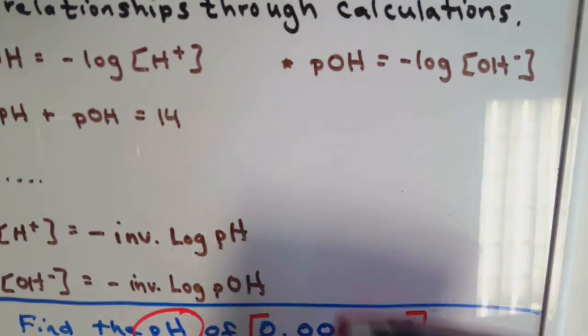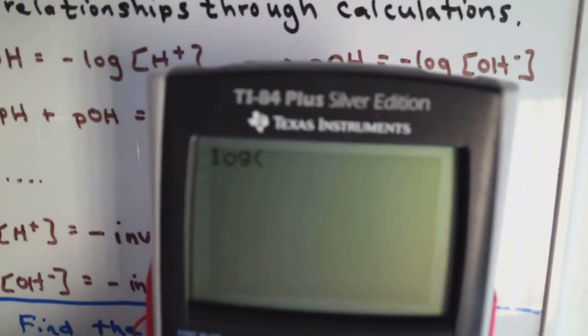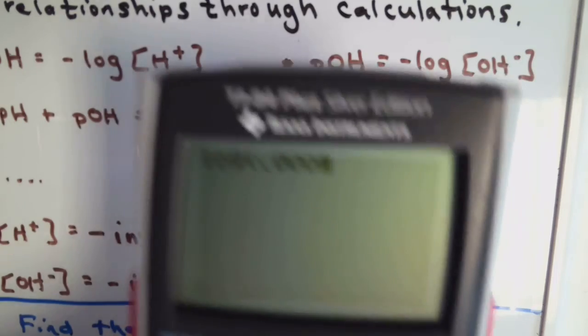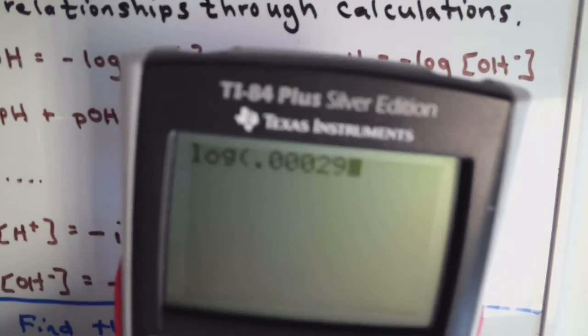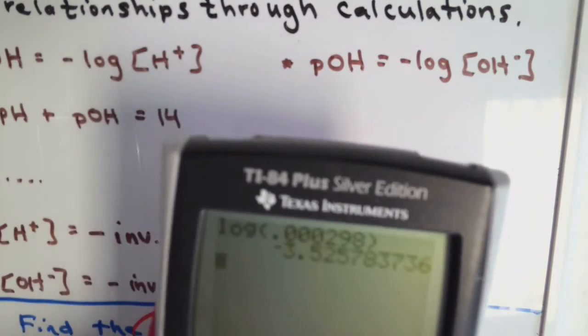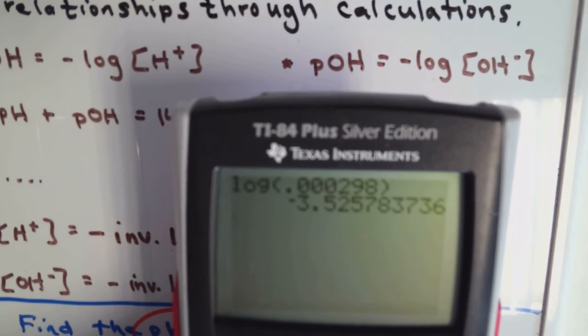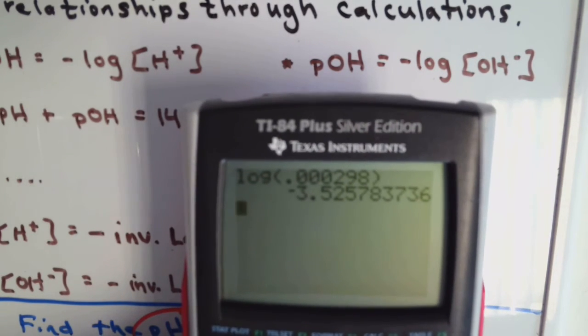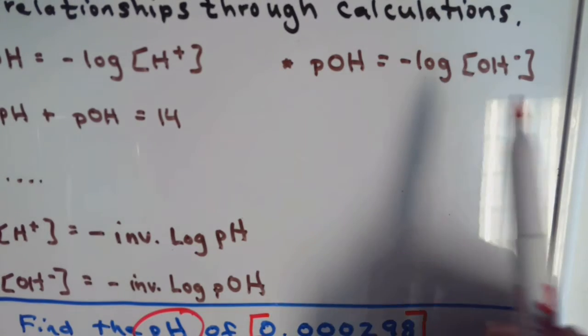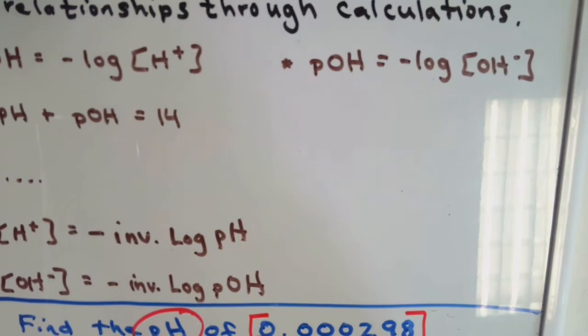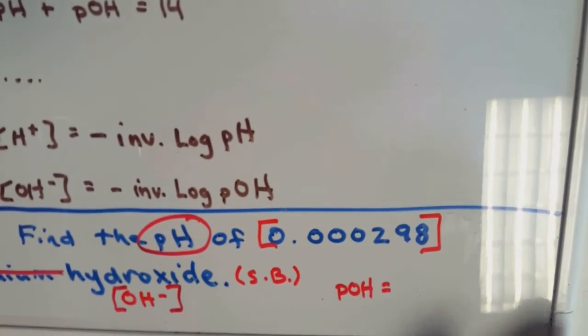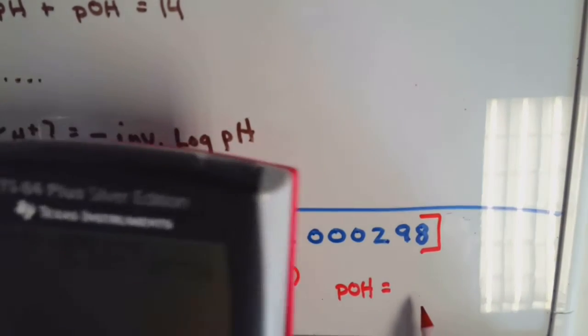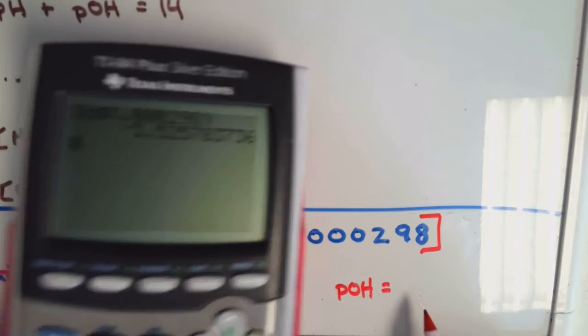And what we're going to do with it is take the log of it. It gives you a negative value, so just multiply that by negative in your head, since it's a negative log. So that's 3.52. So the pOH is equal to 3.52.